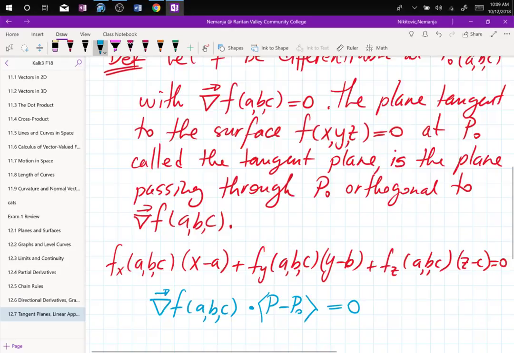That's the dot product. So, hold on, not p minus p0, sorry. Vector p0p, there we go.